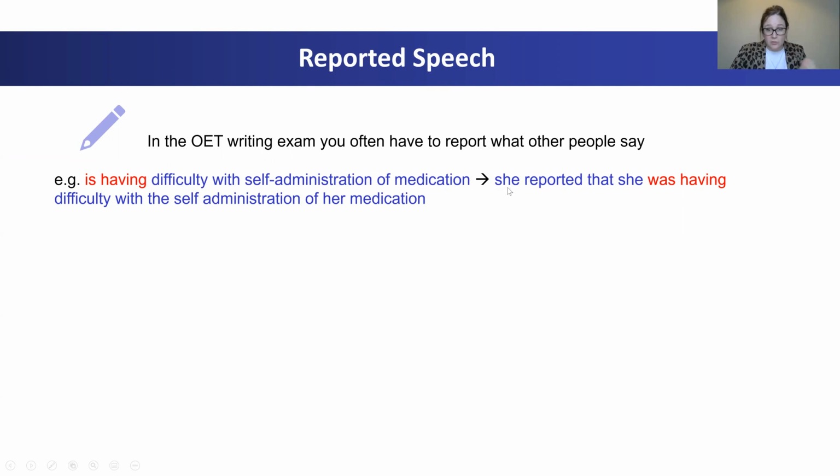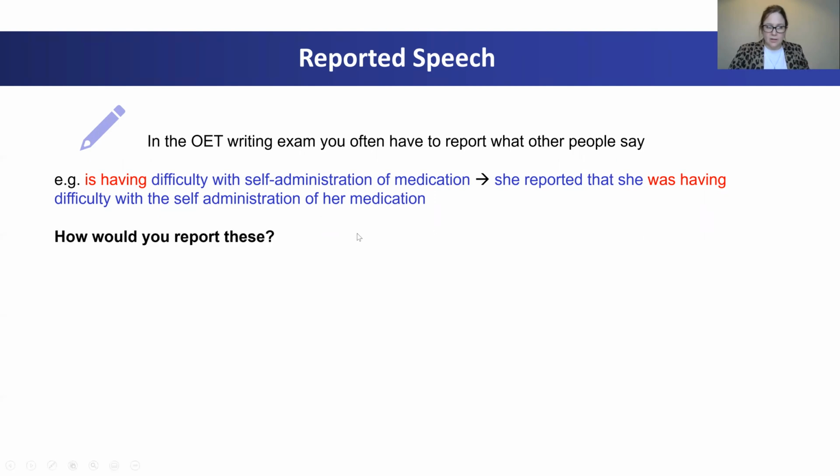This would change to, she reported that she was having difficulty with the self-administration of her medication. Notice all the extra words that you need to add, making sure that you're expanding in full sentences.